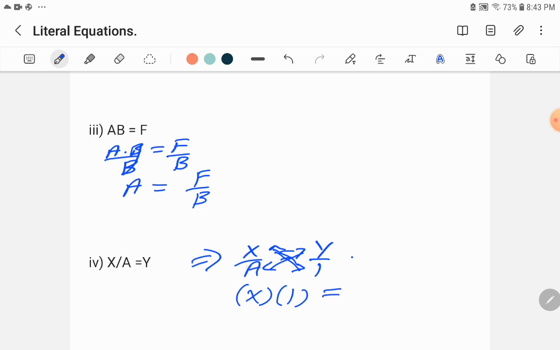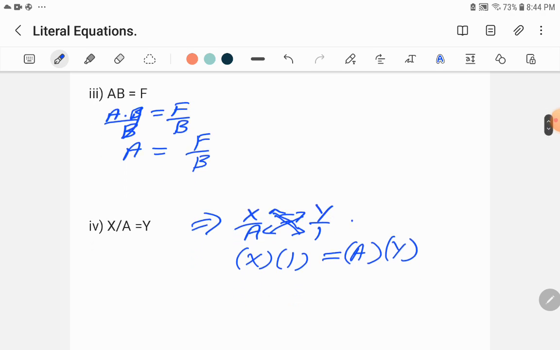And the denominator of the first fraction times the numerator of the second fraction. So then here we'll have 1 times x is x equal to ay. Again, a is multiplying against y, so just divide by y.